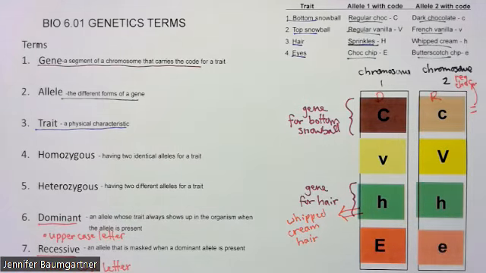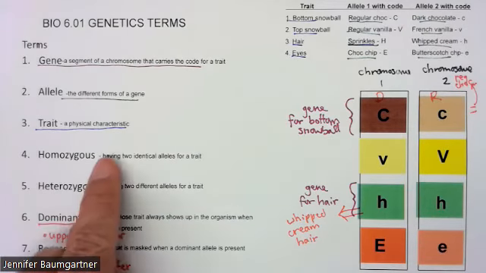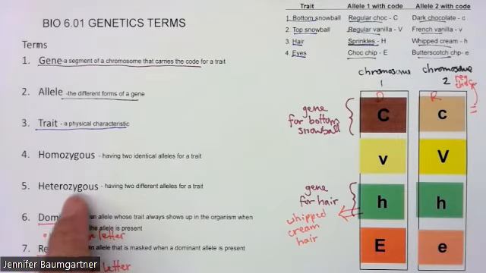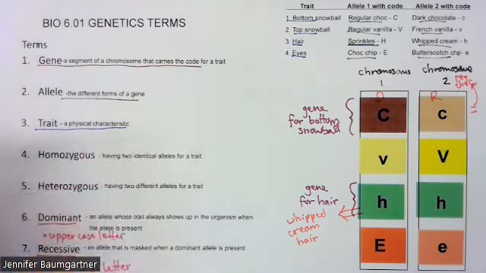And this shows us one of our next definitions. When you have two traits, we have homozygous and we have heterozygous. Having two identical alleles for a trait, you're homozygous. Having two different alleles for a trait, you're heterozygous. So if we look at this HH, that's homozygous. Both of the alleles are the same.